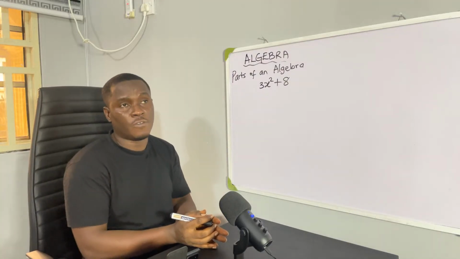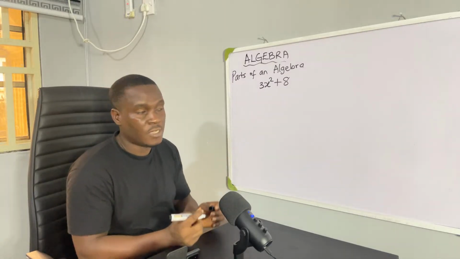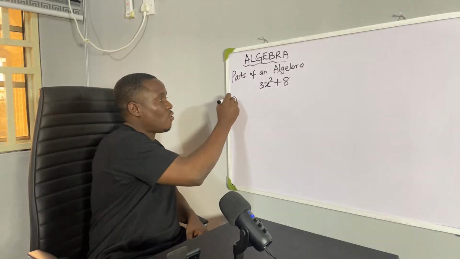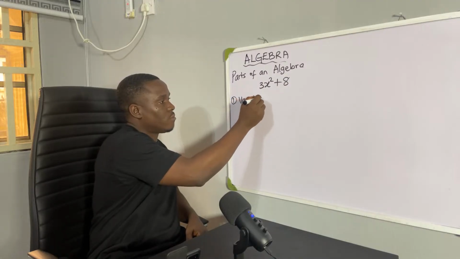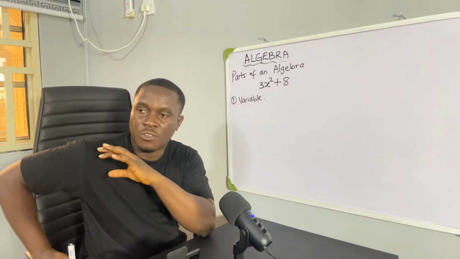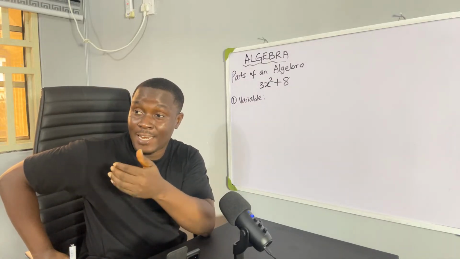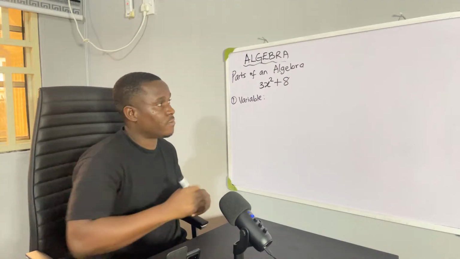Yes. So the first thing we are going to do is identify these various parts of the algebra, starting with the first part called the variable. The variables in an algebra are the letters.